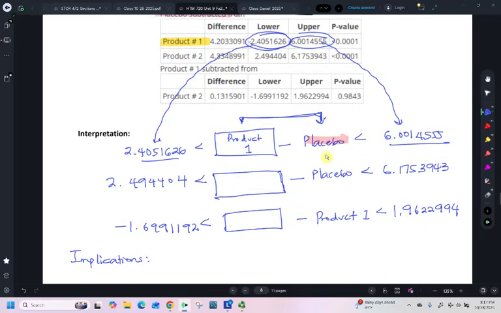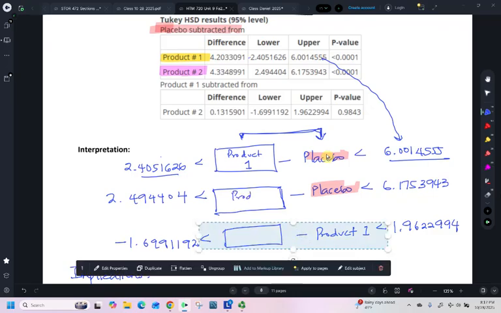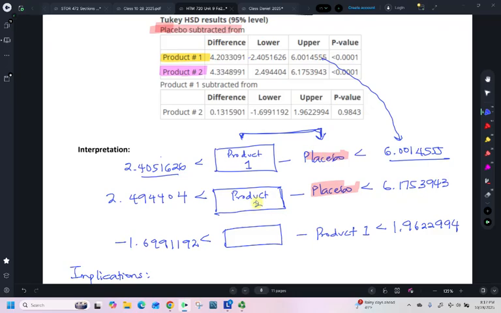Similarly, for the second part of our output here, I am again looking at placebo, the baseline, subtracted from product 2. And so I'm going to write product 2 here. And the effect that product 2 has compared with what?